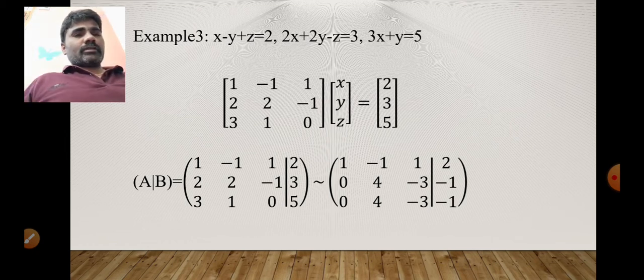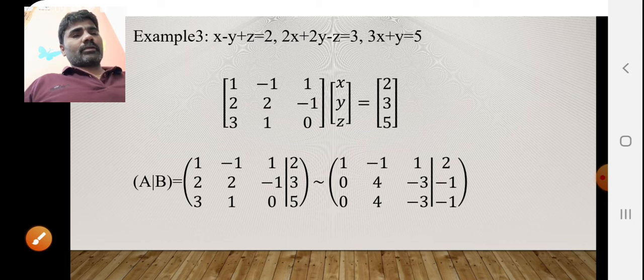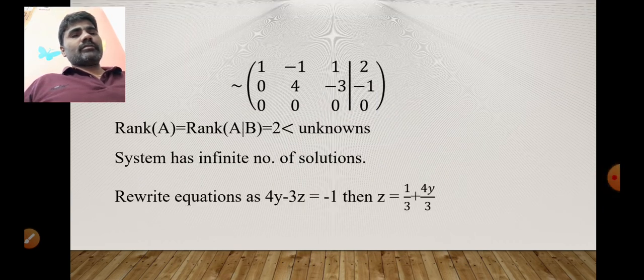Now here we can observe that the two rows are identical. Now by applying another row operation, R3 implies R3 minus R2, the last row will become 0 0 0 0. Now decide the rank of A.